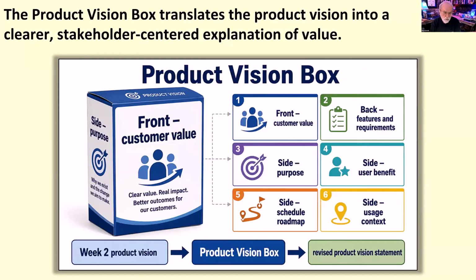So, from the product vision box to the product, basically. The product vision box translates the product vision into a clearer, stakeholder-centered explanation of value. There's also a newer, more trendy form of this idea, and it's called a product vision canvas.